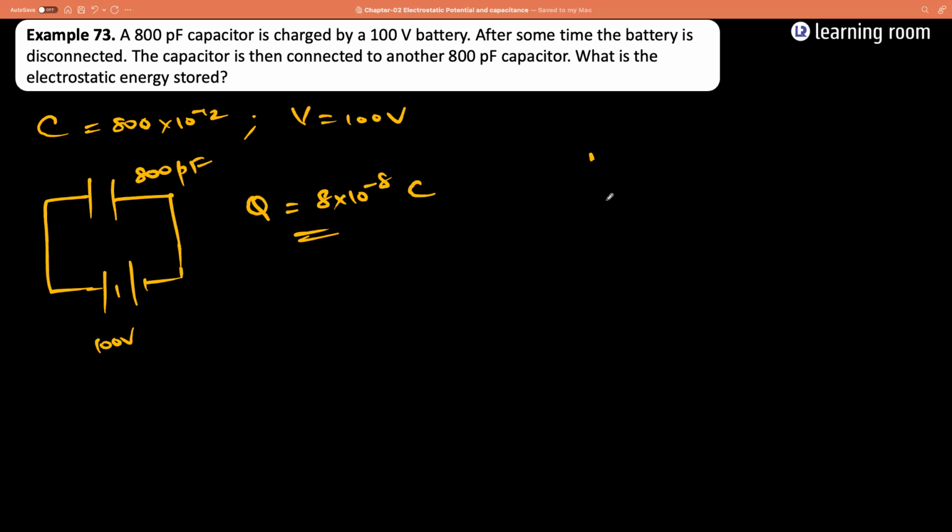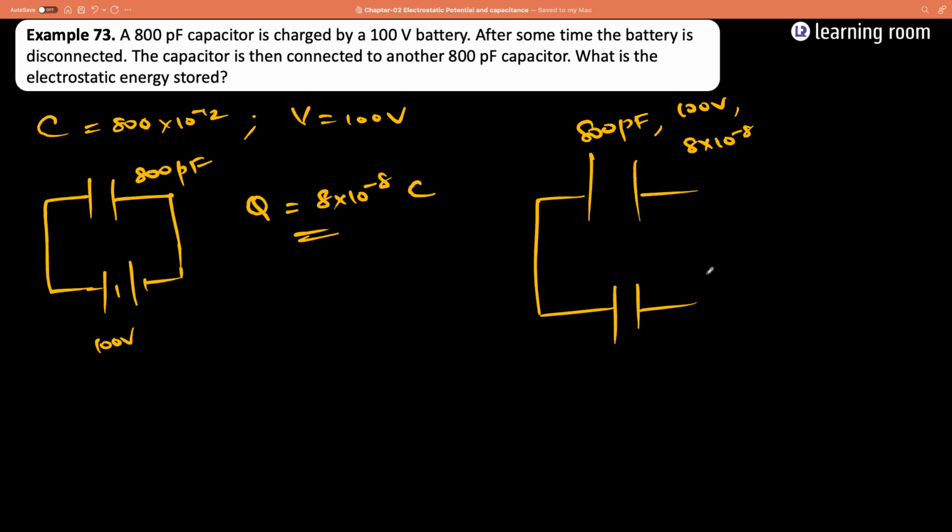Now what is happening? This capacitor, which is having 800 picofarad capacitance, potential of 100 volt, and a charge of 8 into 10 power minus 8 coulomb is connected to another 800 picofarad capacitor.